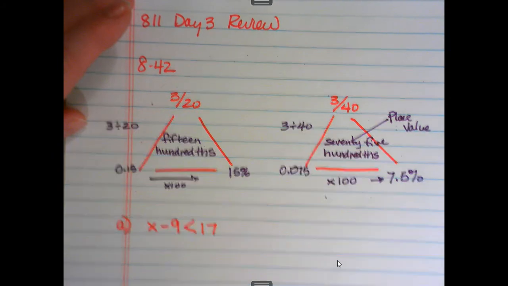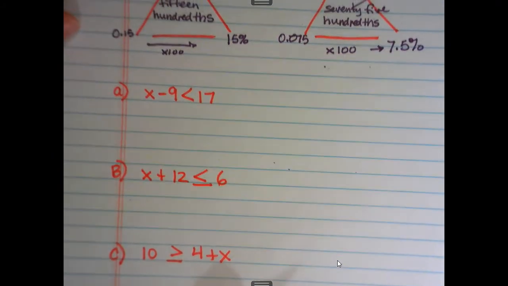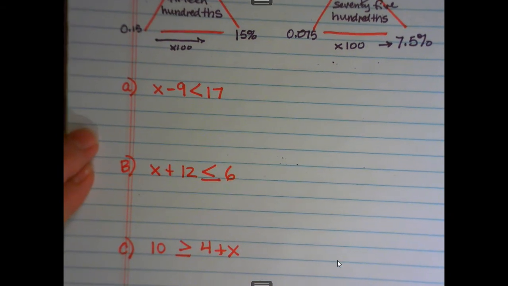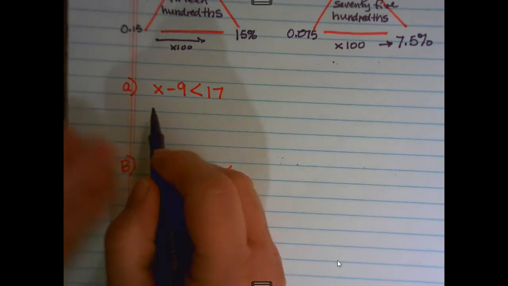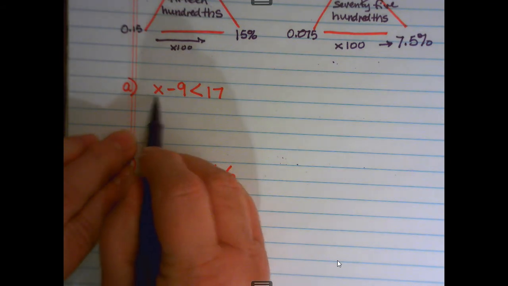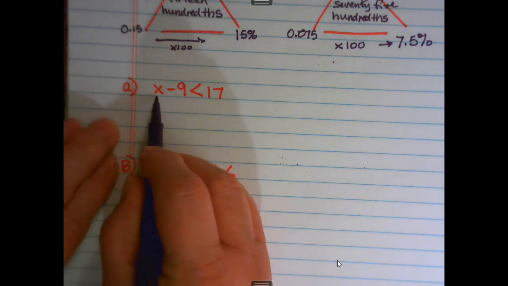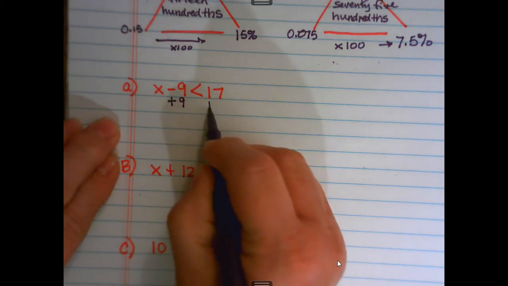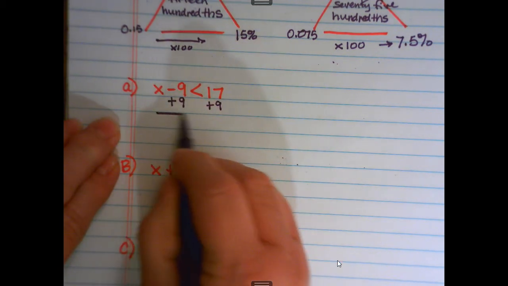All right, then moving on to some of our problems where we are solving equations. First thing I need to do over here is I'm going to go ahead and do what I can to get the variable by itself. To do that, I am going to add 9 to both sides of the expression.